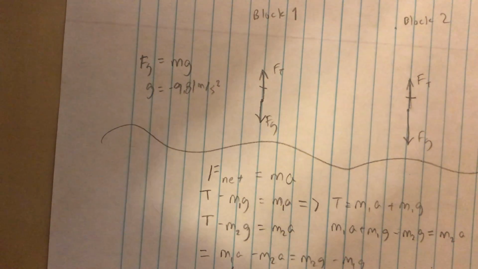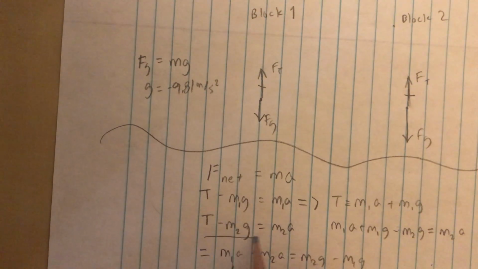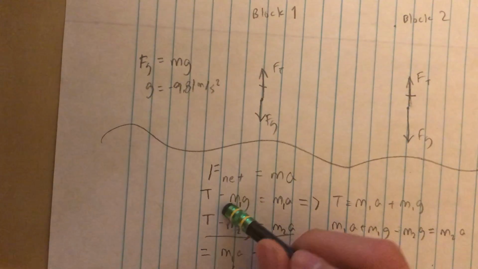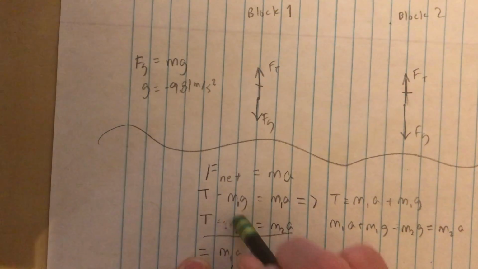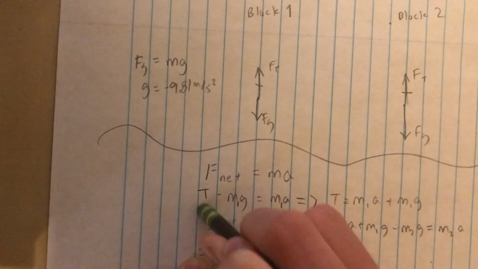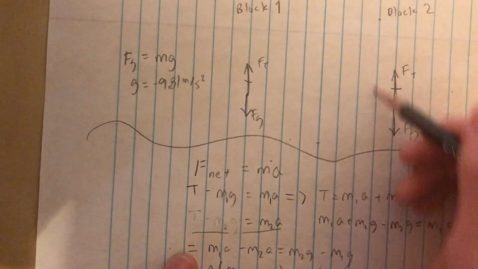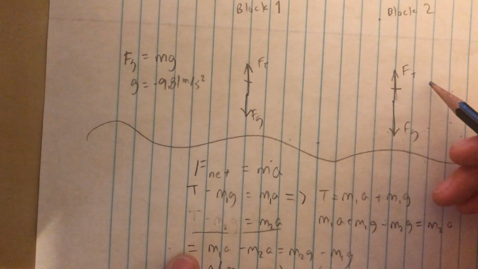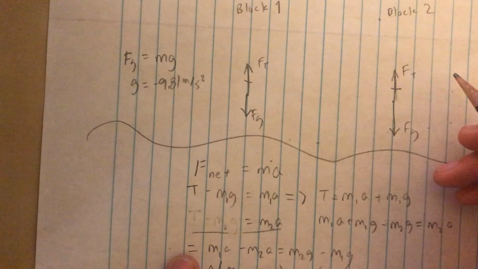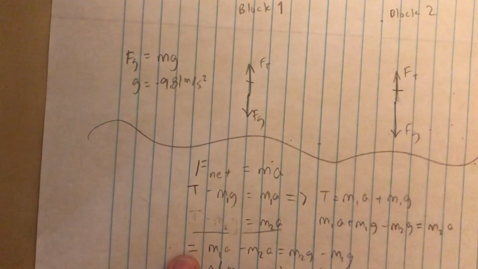Oh, I made a mistake. For this equation, mass times gravity will actually be greater than the force of tension, as you can see in this force diagram above, because this is the block that is causing movement in the system.